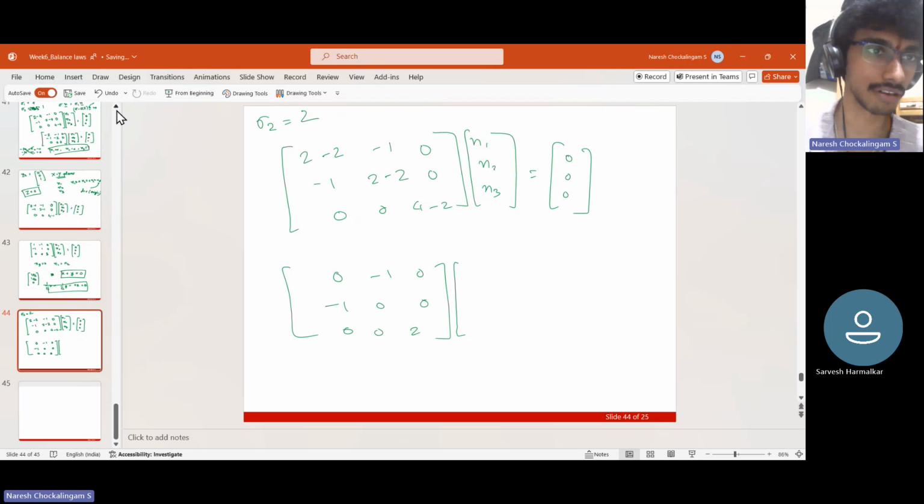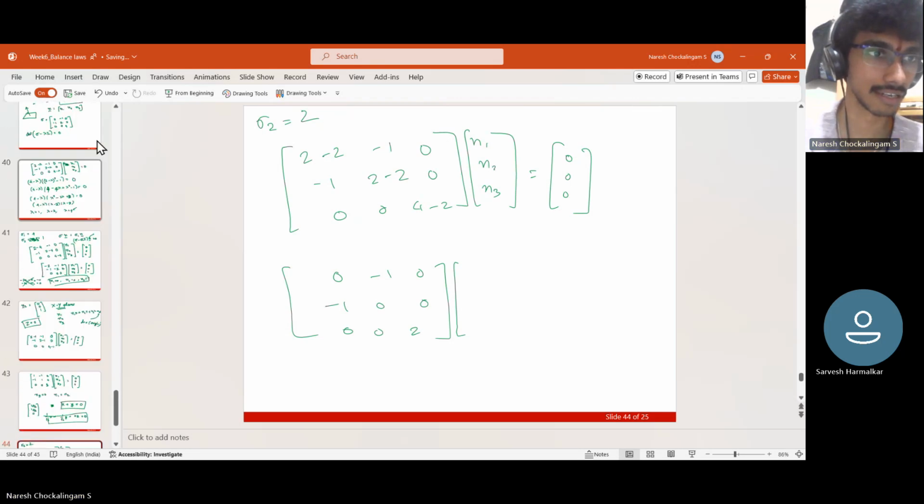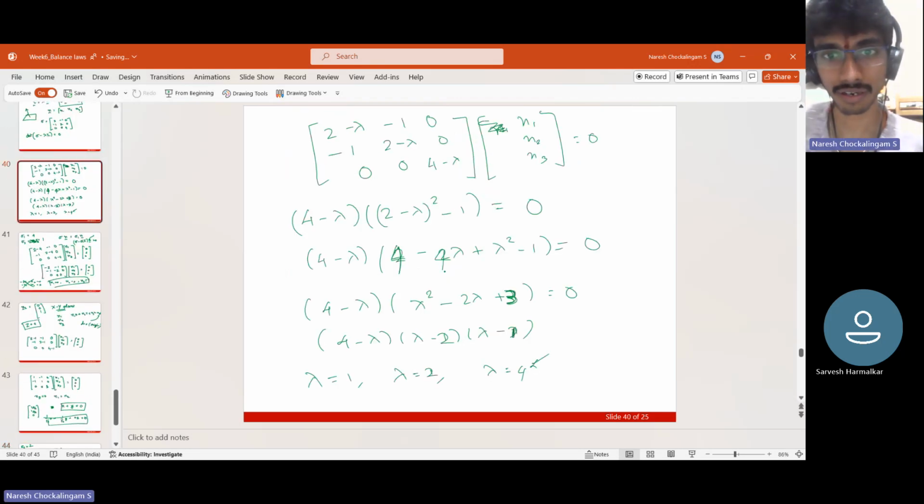Sorry, again there is something off. This is 4 minus 4 lambda plus lambda square minus 1. 4 minus 1 is 3. Yeah, it is minus 4 lambda.